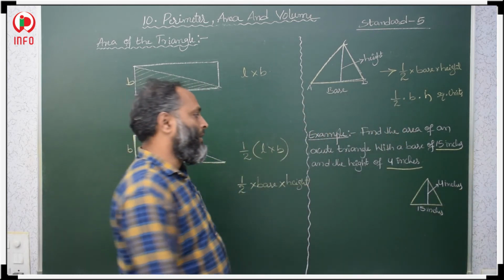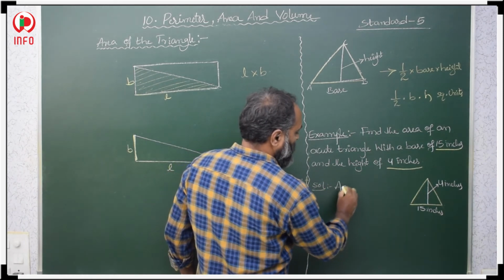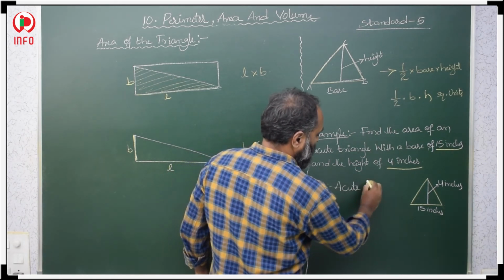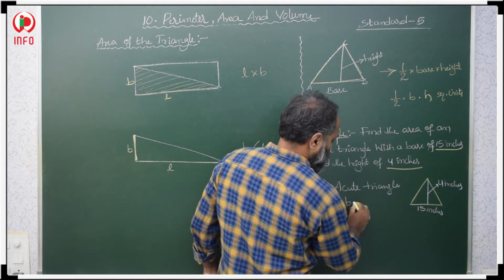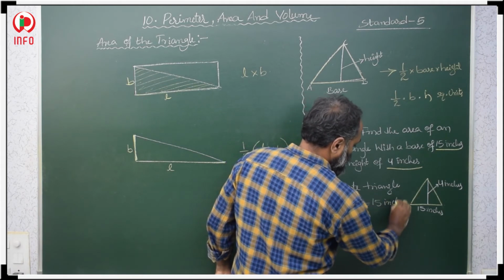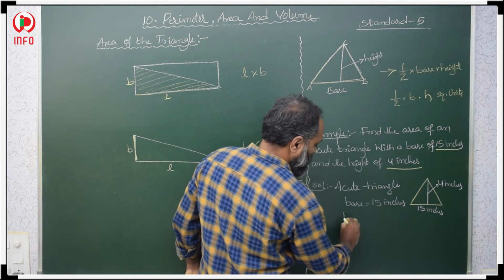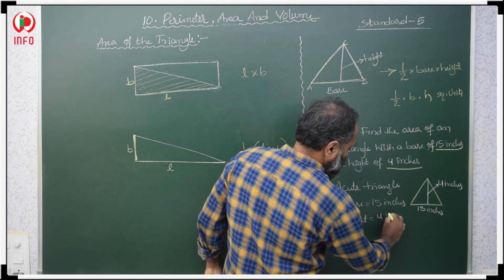Then what is the area? For the acute triangle, base is equal to 15 inches, height is 4 inches.